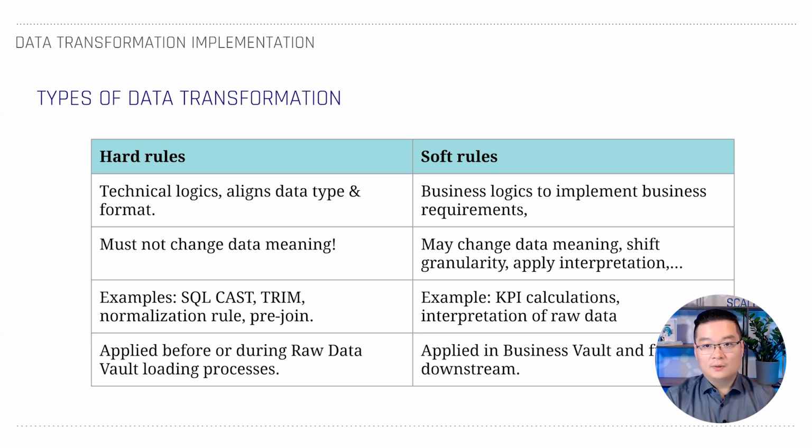A few examples of a hard rule could be casting a text data field to a date or to a timestamp according to the metadata provided by the source.